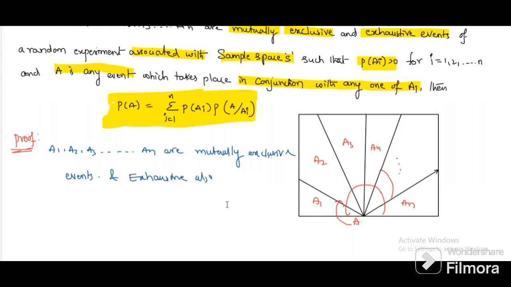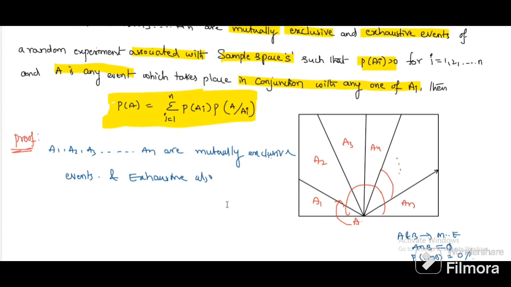A simple example: if A and B are mutually exclusive events, then A intersection B is a null set. That means P of A intersection B is equal to 0, and there will be no common elements.